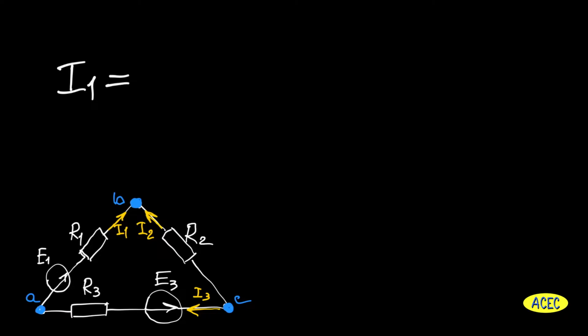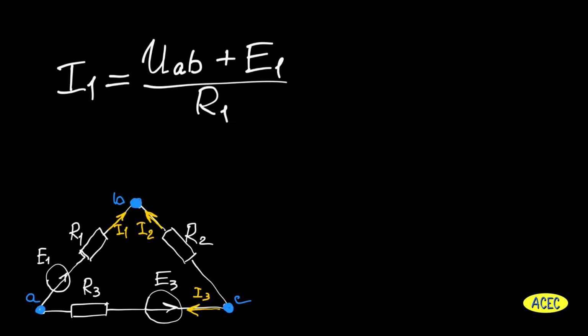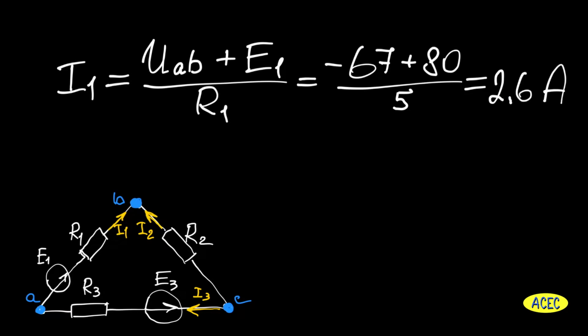For the first branch, we need to find current I1, which goes from node A to node B. In this branch we also see the voltage source E1. It has the same direction as current I1, so in the equation it will be with plus sign. In the second branch we see only one resistor R2.